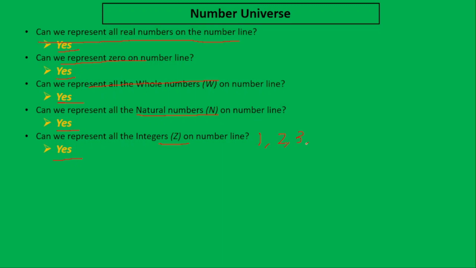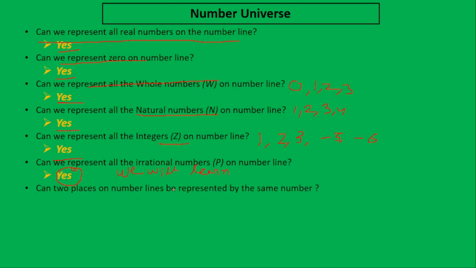Yes. Like 1, 2, 3, -3, -6, everything can be represented on the number line. Can we represent all the irrational numbers on the number line? Yes. We will learn about irrational numbers.